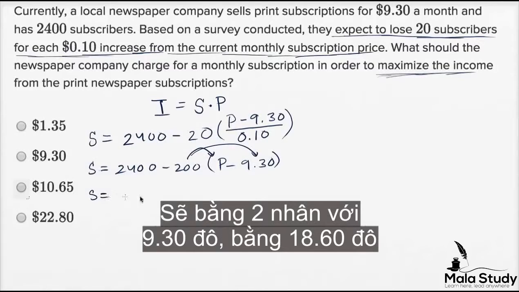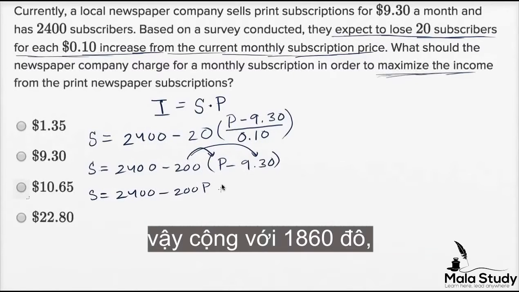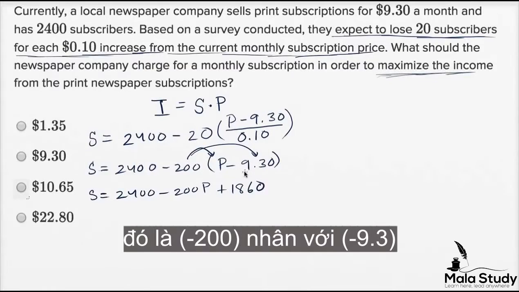So subscribers is going to be equal to 2,400 minus 200P, and then negative 200 times negative $9.30. Let's see, that's going to be 2 times $9.30 is $18.60. But it's going to be $1,800, and instead of $18.60, it's going to be $1,860. So plus $1,860. That's negative 200 times negative 9.3.